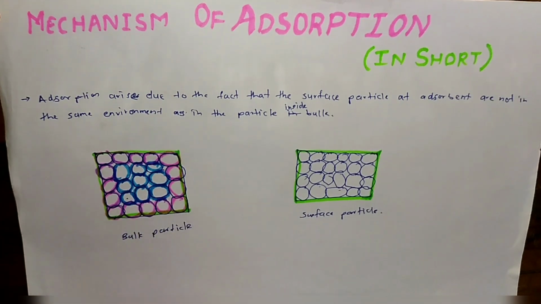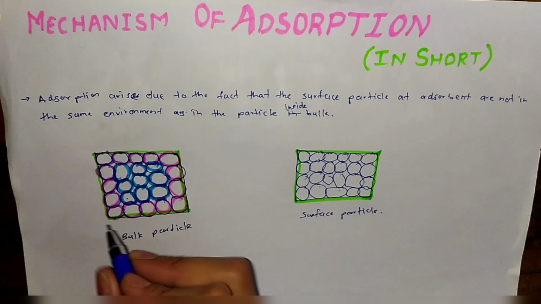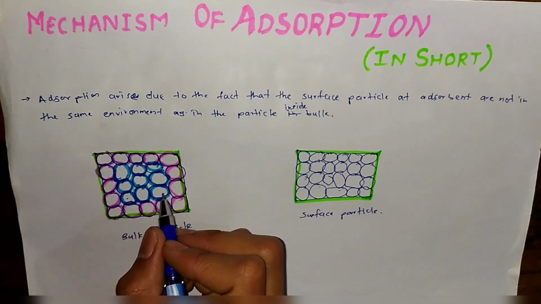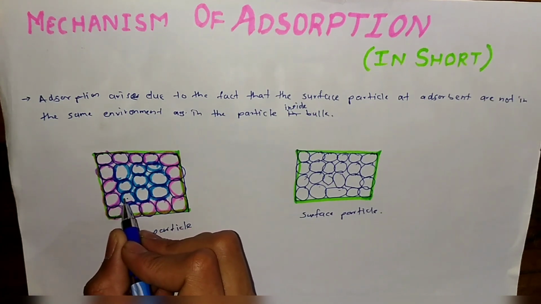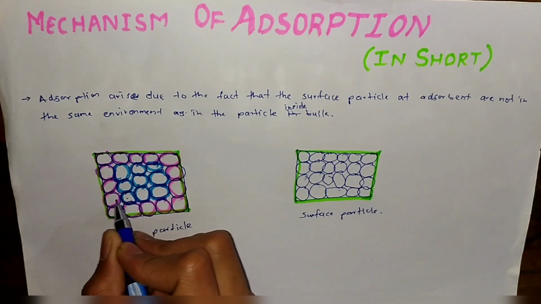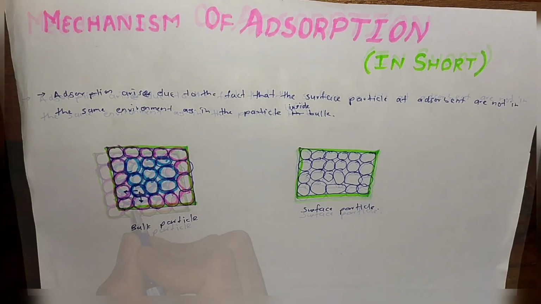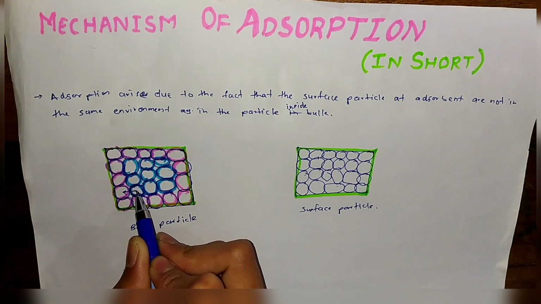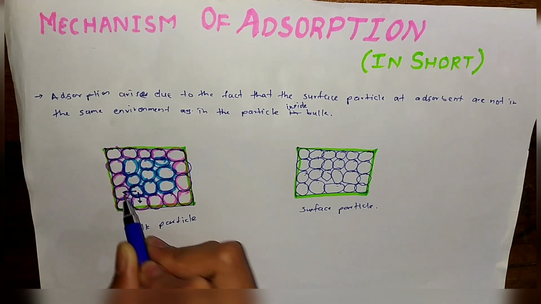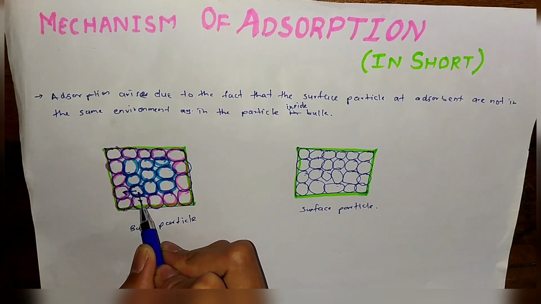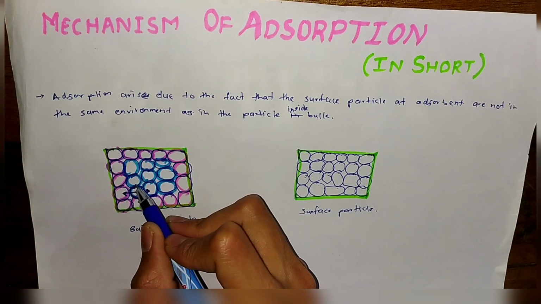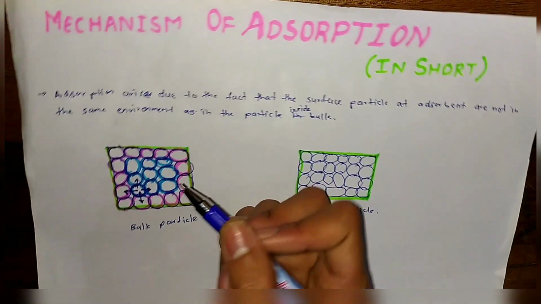If we see this bulk particle, it will be pulled by this particle in this side, and also pulled by this particle in this direction, and this particle also pulls in this direction.